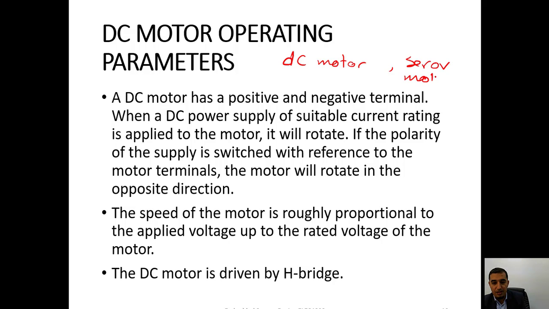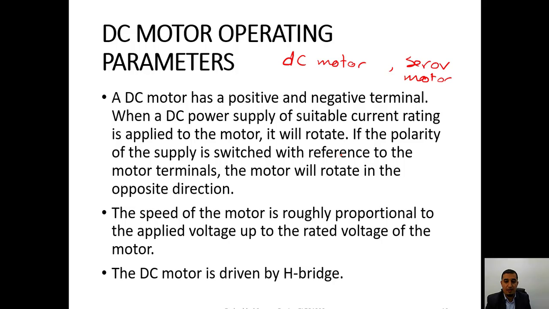In the case of the DC motor, it's quite simple because we generate a signal and we just apply a pulse width modulated signal. We don't care much about the frequency in a DC motor. In the servo motor, it is mostly about the frequency, and it's very important to include the value of the frequency.